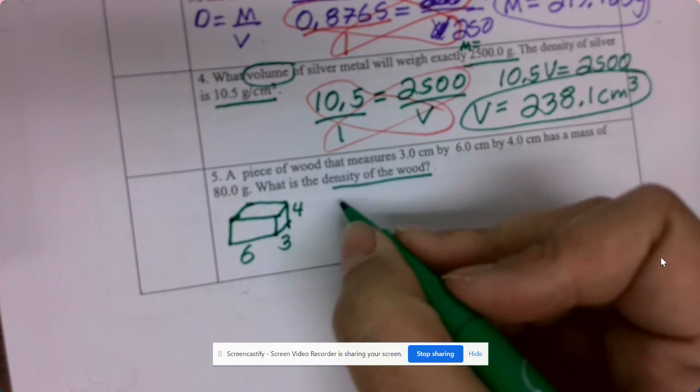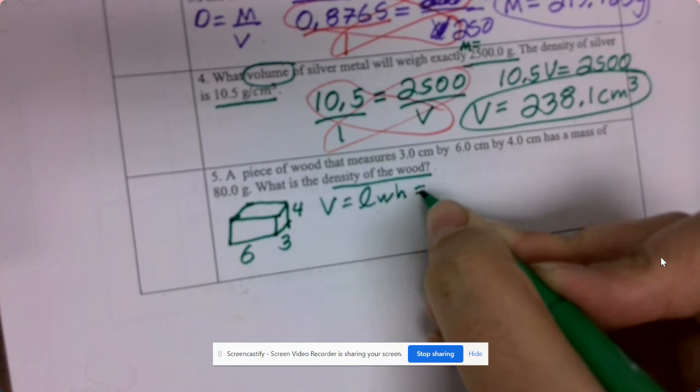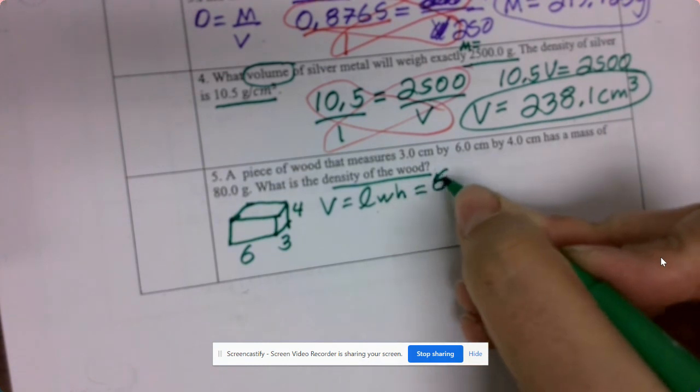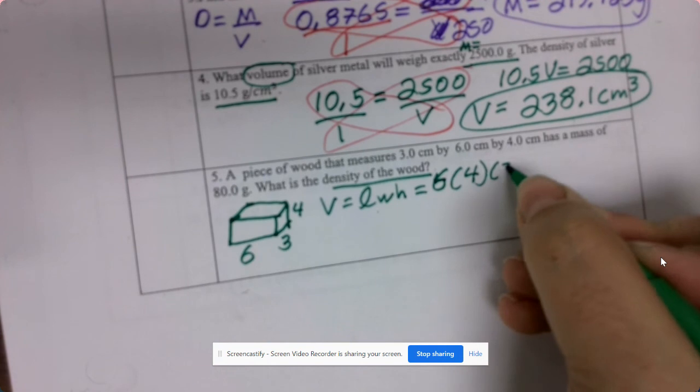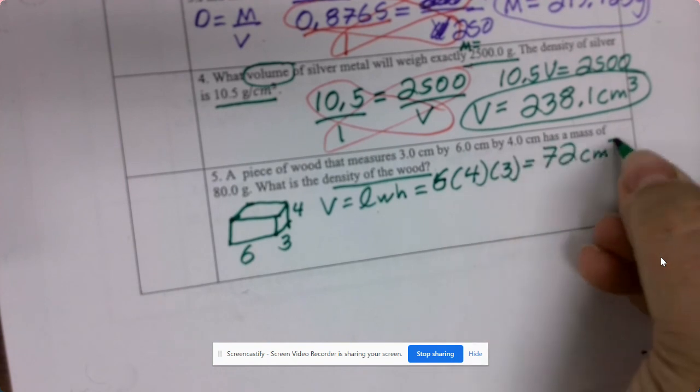We multiply length times width times height. It's a rectangular prism, so 6 times 4 times 3, and I get 72 cubic centimeters.